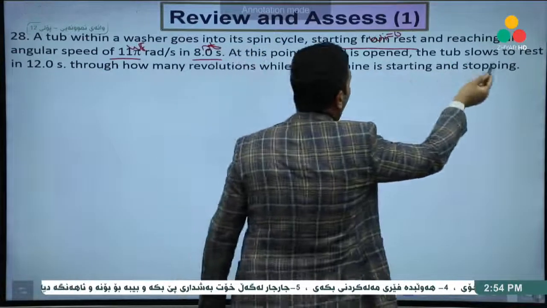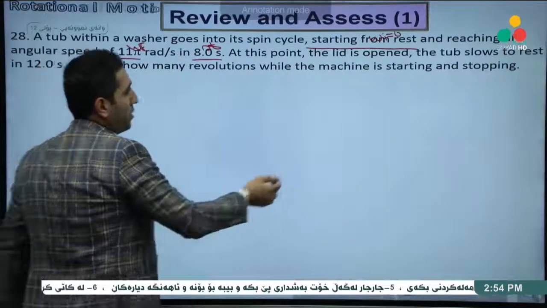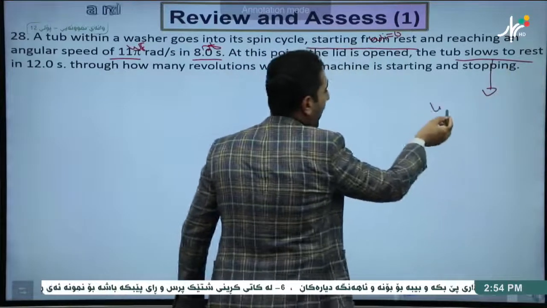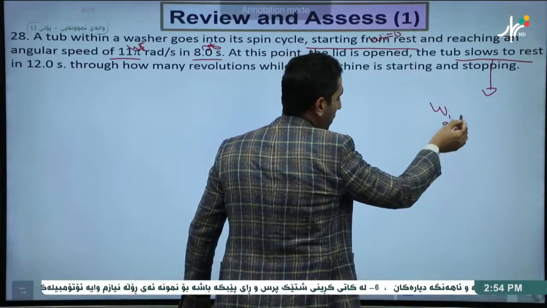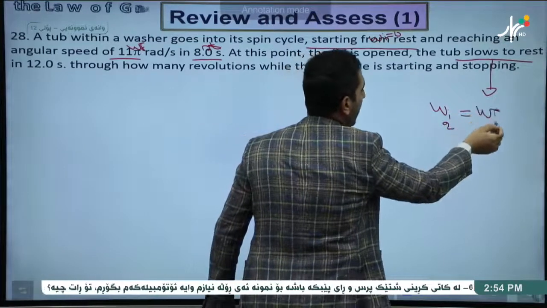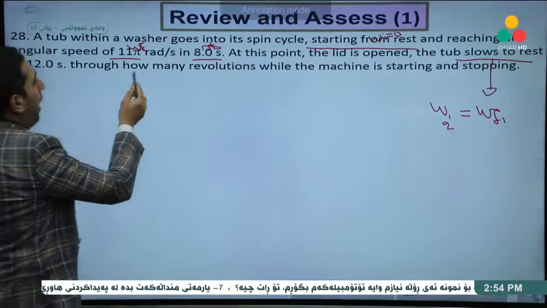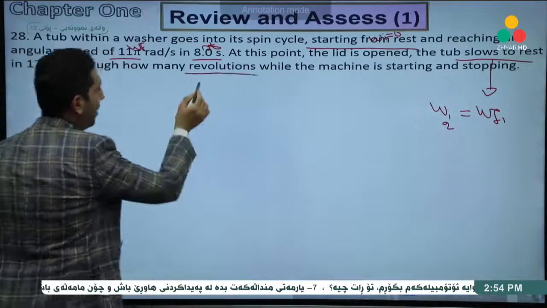The tube slows to rest. Slows to rest means that omega initial 2 is equal to omega final 1. Through how many revolutions?